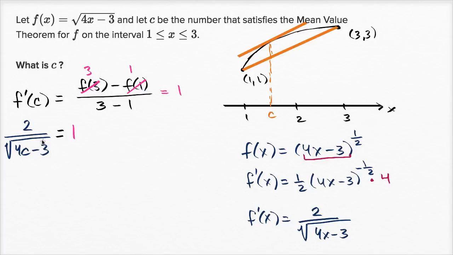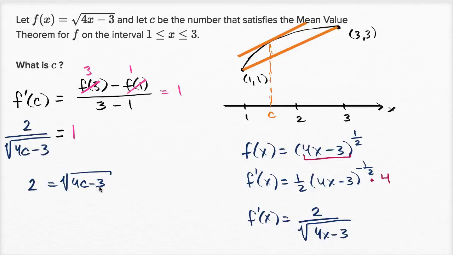Well, we can multiply both sides of this by the square root of 4c minus 3. And so then we are going to get 2 is equal to the square root of 4c minus 3. All I did is multiply both sides of this by the square root of 4c minus 3 to get rid of this in the denominator.